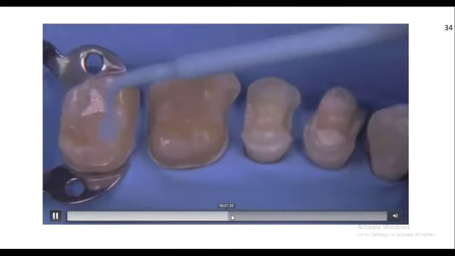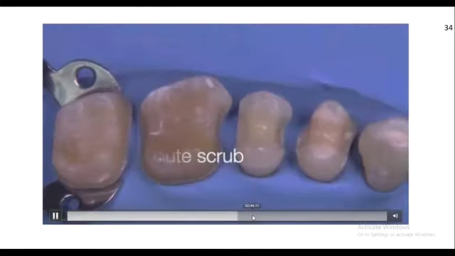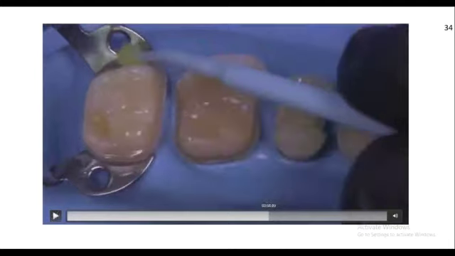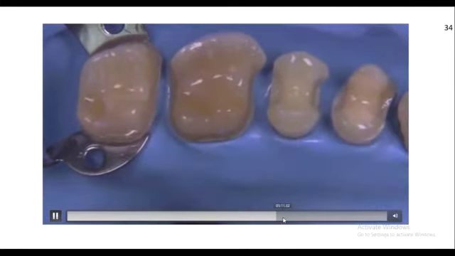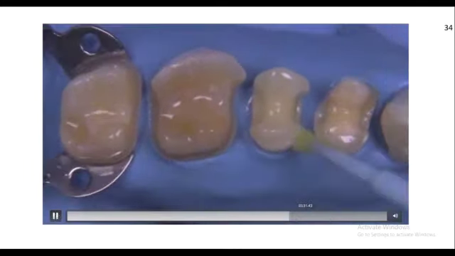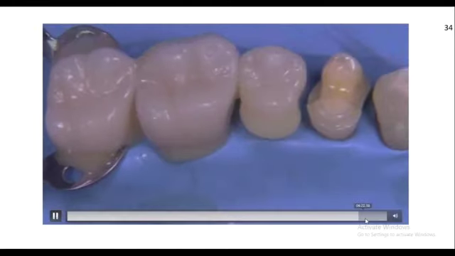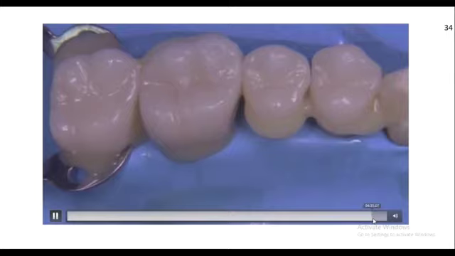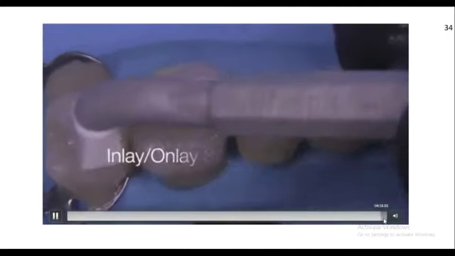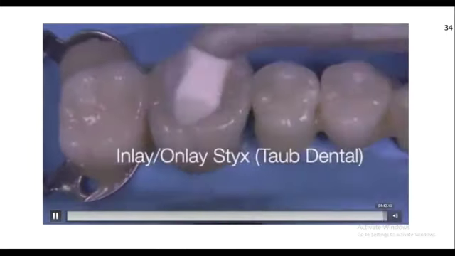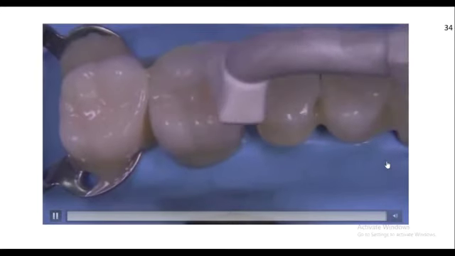Then they apply the agent, or you can blot it dry, etching in between each step. After which they apply the adhesive resin and then cure it. Like I said, it's difficult to hold down on a bite stick, but the stick is flexible on the top, and yet you can put a lot of force to seat your restoration.